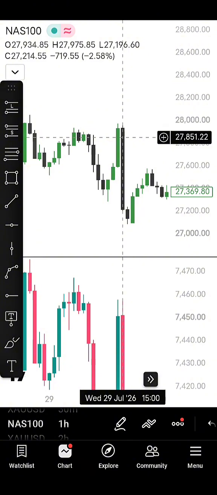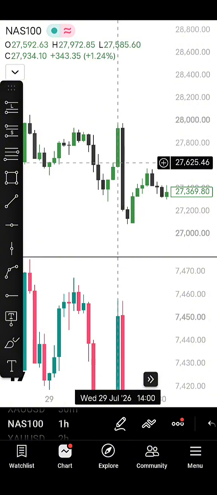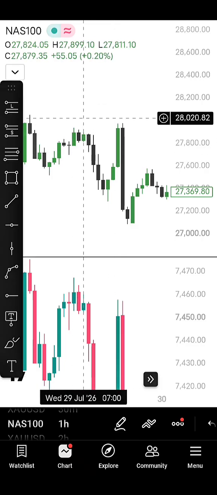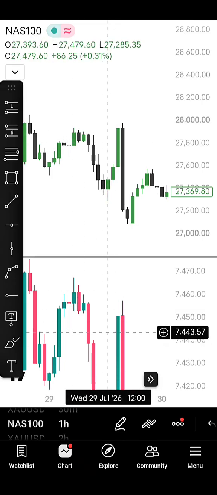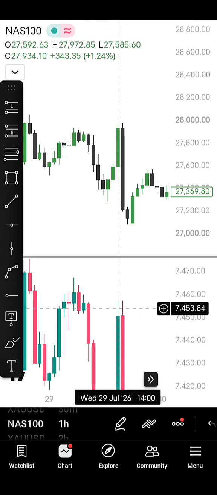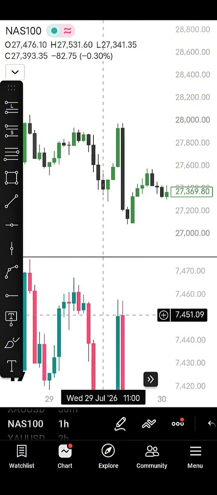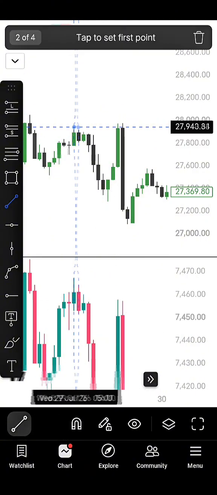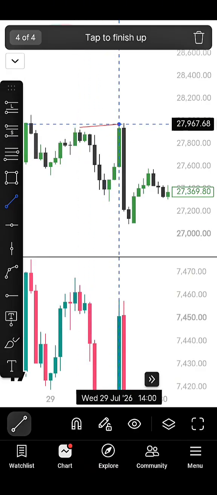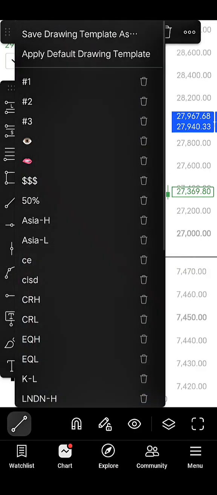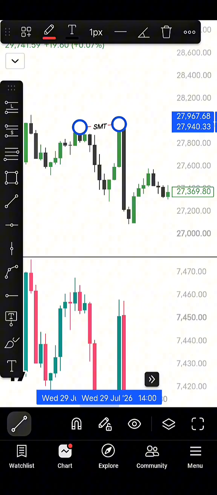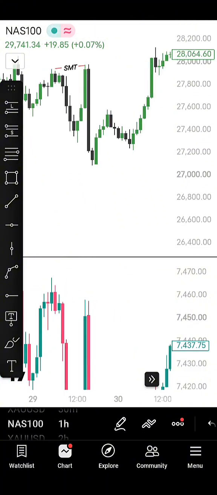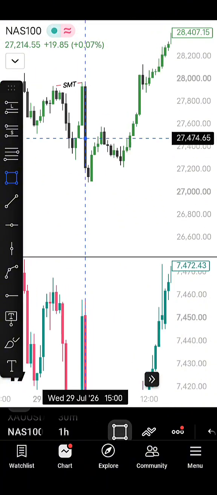On the Nasdaq, this 2 p.m. candle created the higher high, but on the S&P 500, this candle created the lower high. So this is a decoupled movement, or a reverse movement, for the market. This is a strong sign of reversal, but here it fails.